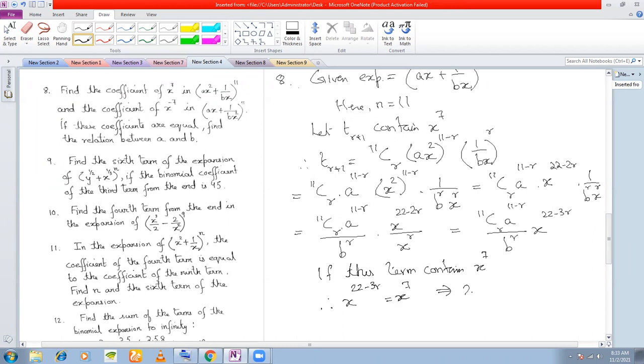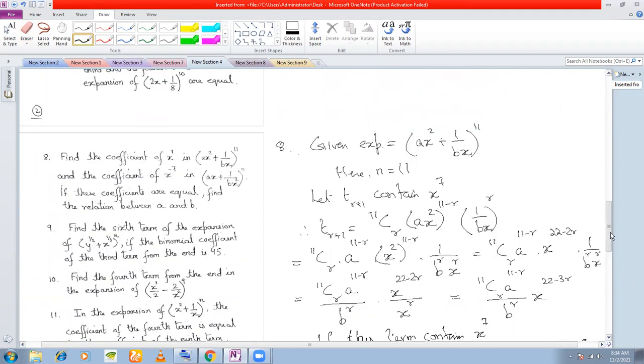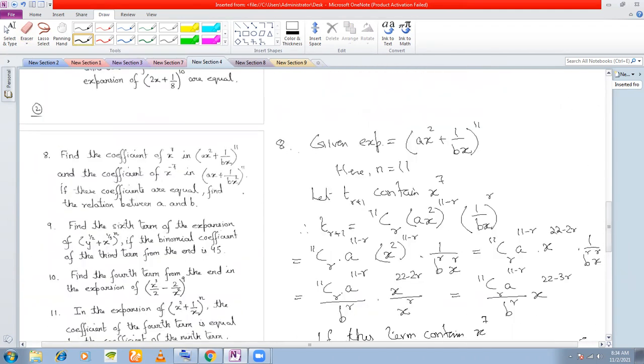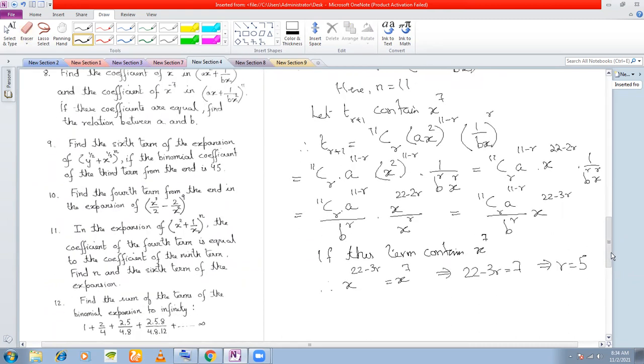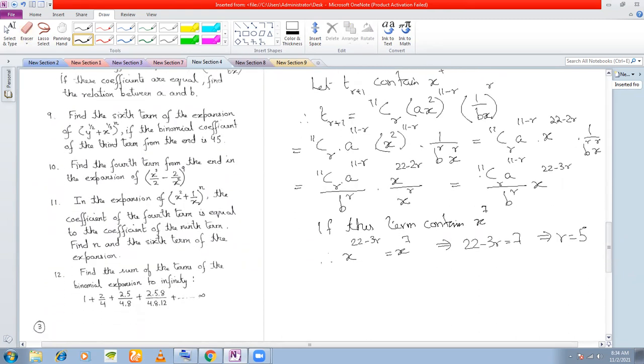That means 22 minus 3r is equal to 7. Okay, so you'll get the value of r is equal to 5 if you solve this equation. Okay, so what have we found? We have found the term which contains x to the power of 7. So therefore, what is the coefficient here? This part is the coefficient, right? So therefore, what is the coefficient of x to the power of 7?